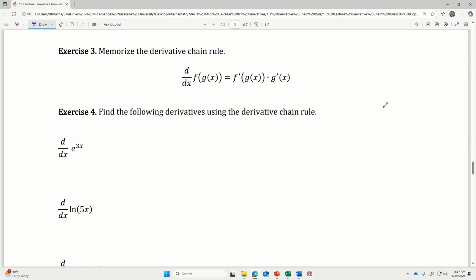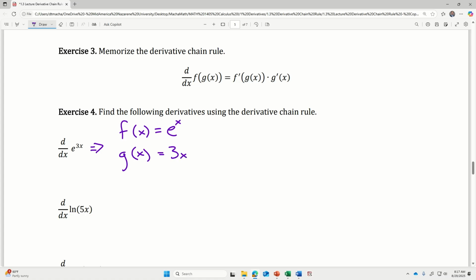Okay, so let's try it. When I look at this one, the derivative of e to the power 3x, I'm thinking the outside function is e to the x. The inside function is 3x.